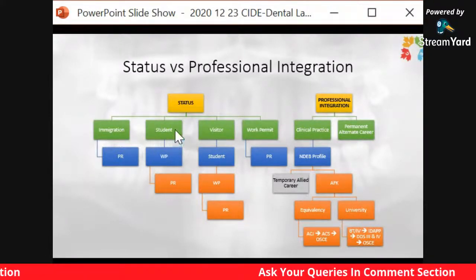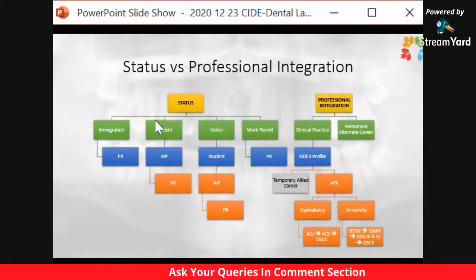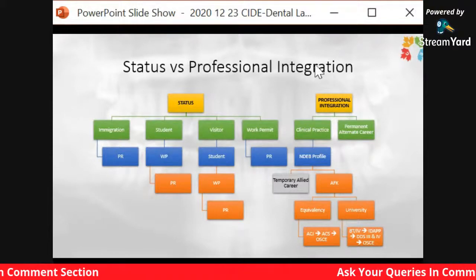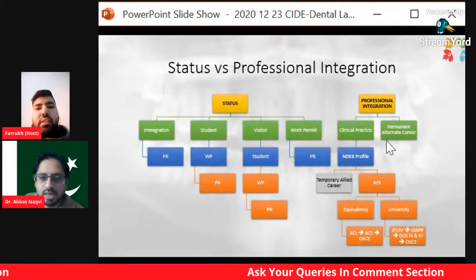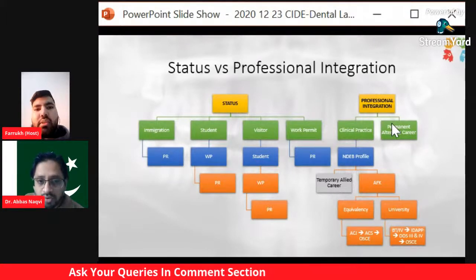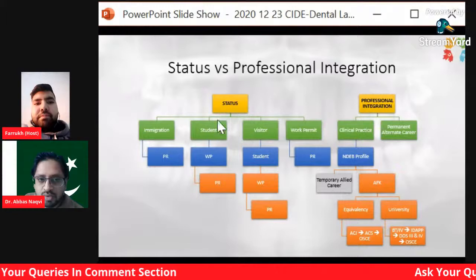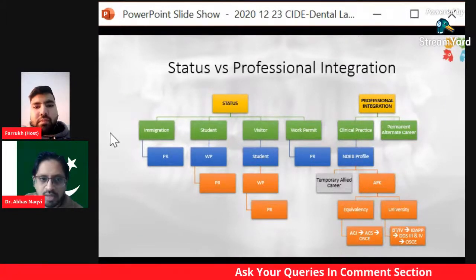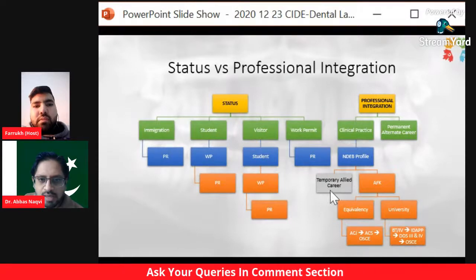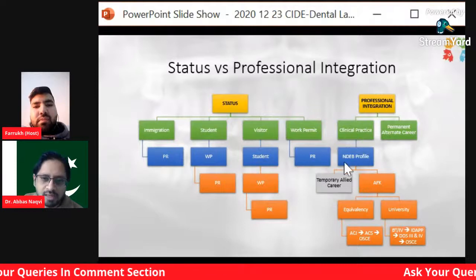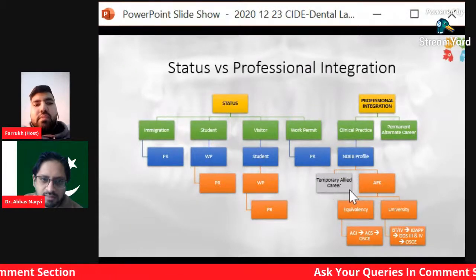You can go to Canada as a student, study something non-clinical, end up in a permanent allied career, or you can go to Canada through this way or any way, and study something and use it as a temporary allied career.